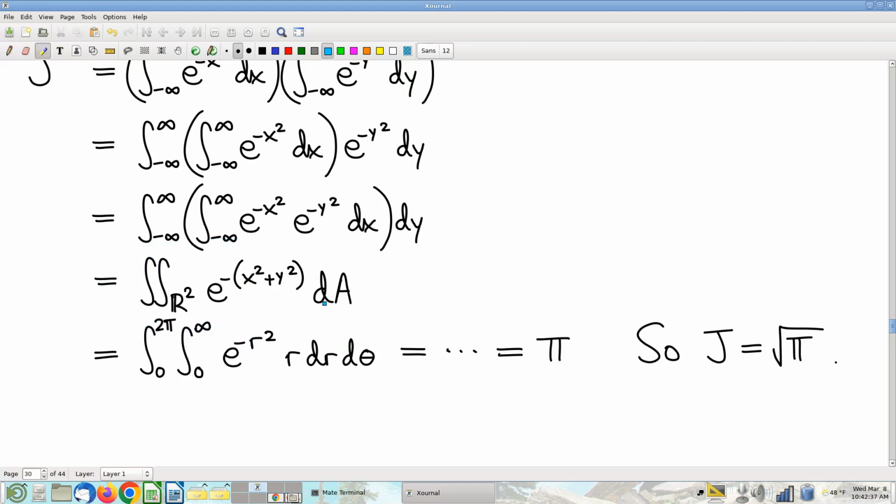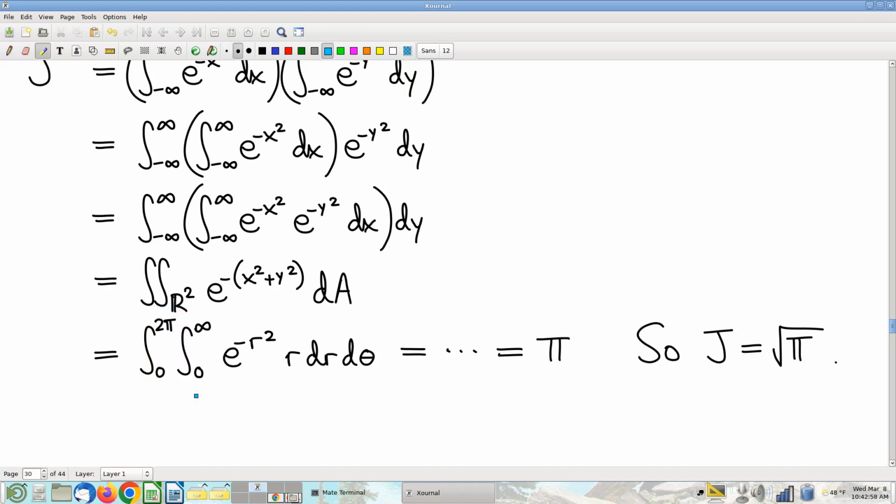And in polar coordinates, there's dx dy. Don't forget your r. Right? And let's see, what's the range of values of r and theta? Well, this is all possible values. Let theta go all the way around and let r go all the way out to infinity. This covers the entire plane, just as it's supposed to.